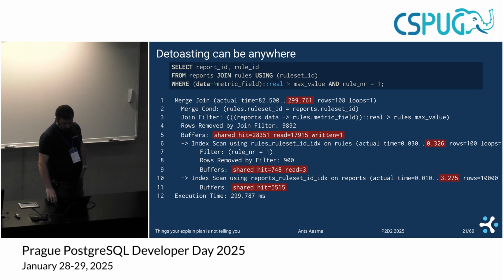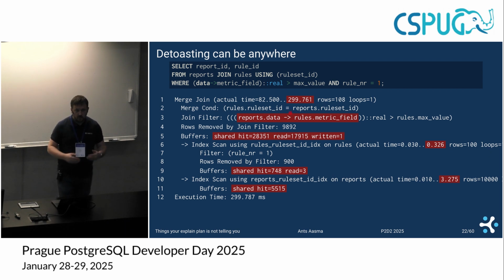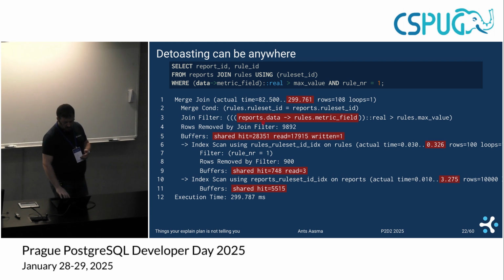So why is merging expensive and taking a bunch of time? The answer is this join condition that we have here. This join condition actually needs the value of this data field to do the comparison.